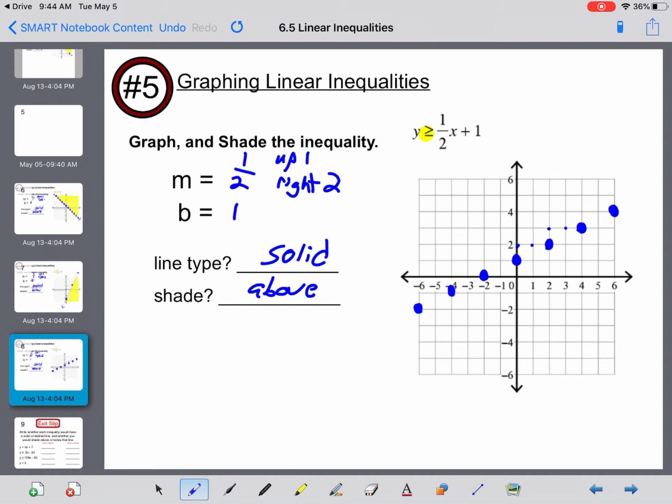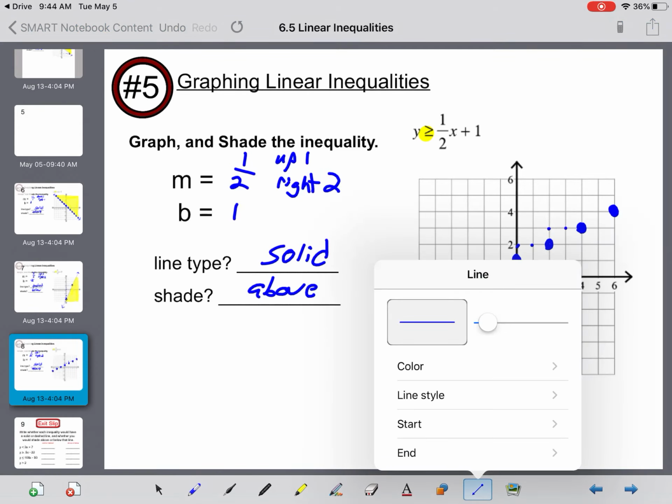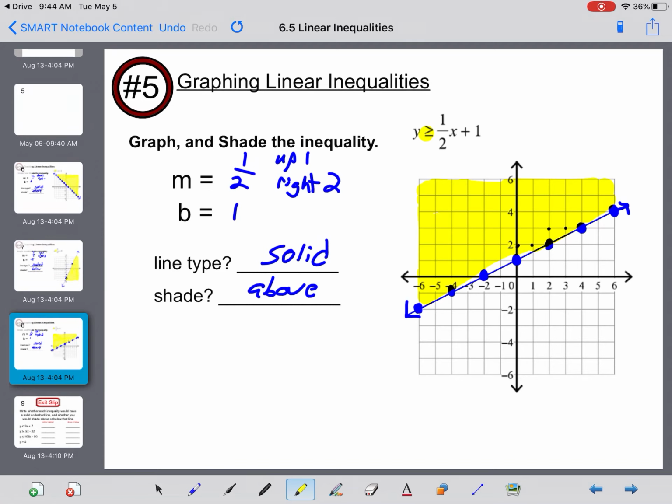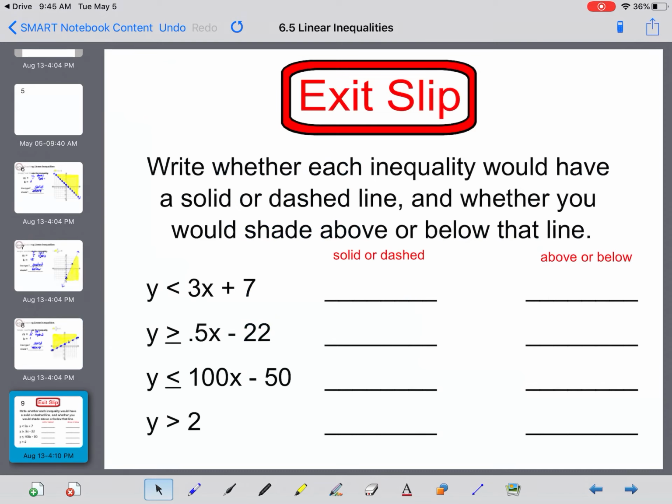Follow that pattern all the way through. We have a solid line type this time. There it is. Shading above. There you go. And there's all 5 of your graphs.